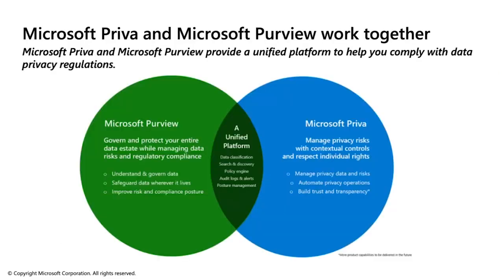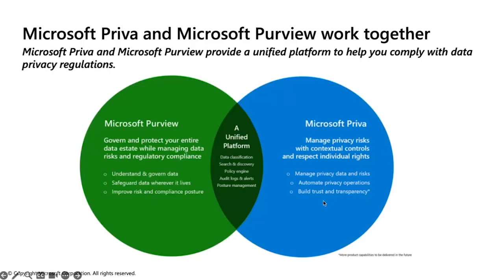So when we talk about Microsoft Purview and Microsoft Priva, these work together. In Microsoft Purview, we govern and protect your data using information protection, classification, DLP, auditing, and many other things, whereas Priva is designed for managing data privacy risks.